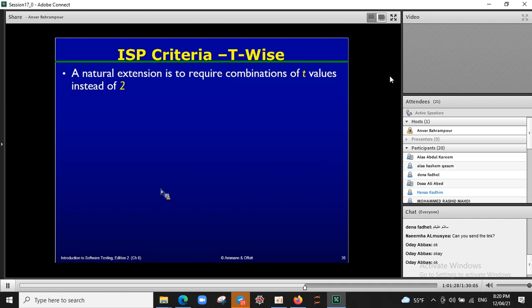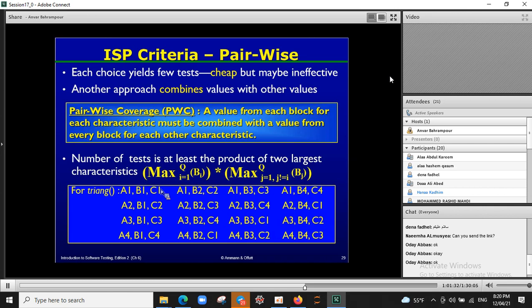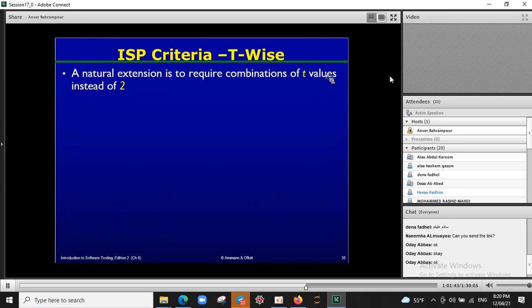This pairwise combination is sometimes too few for some programs, so we could extend pairwise to t-wise.